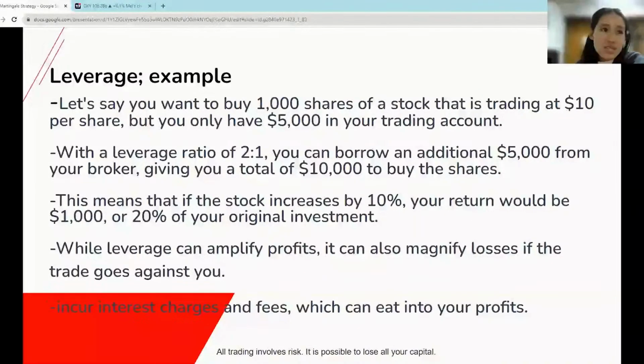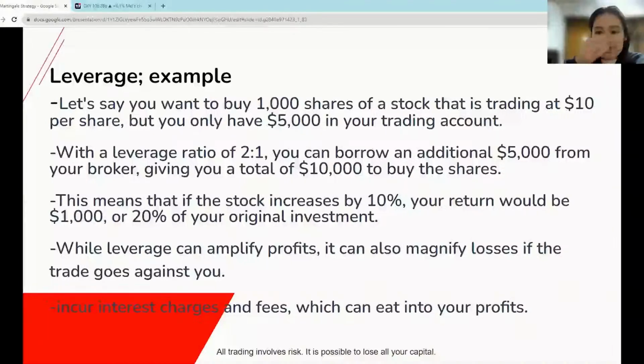So here's an example. Let's say you want to buy 1,000 shares of a stock that is trading at $10 per share. In this example, we're using stocks, but a similar idea can be used for the different currencies that you're using. But you only have $5,000 in your trading account.